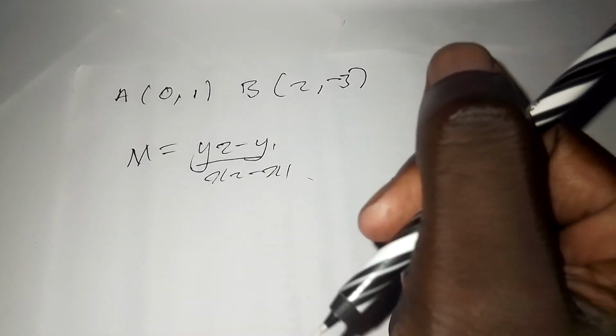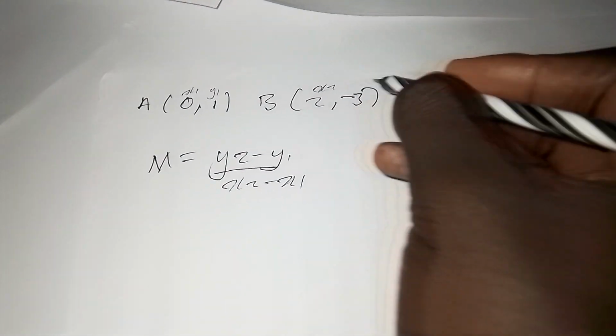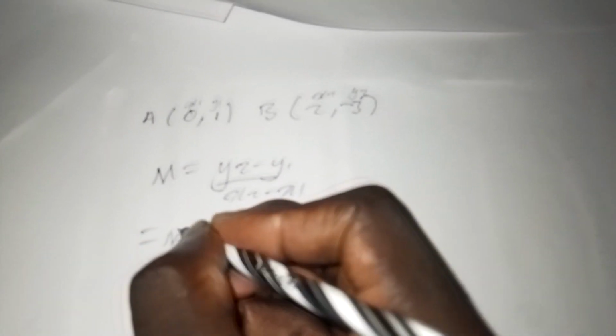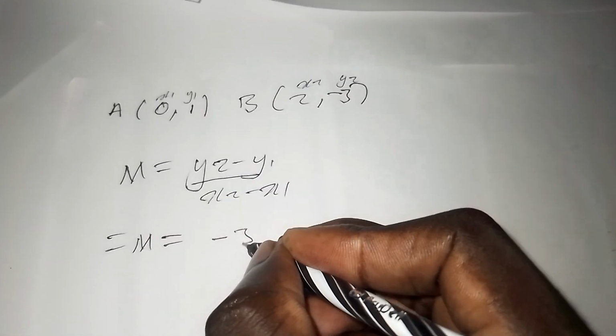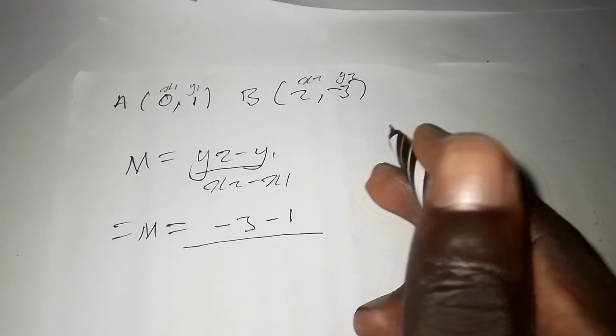So what's going to happen here is y2 minus y1 over x2 minus x1, that's the formula, of which I'm going to label this one x1, y1, x2, y2. Then we say gradient, which is represented by capital letter M. What is our y2? -3, minus, what is our y1? 1, divided by, what is our x2?